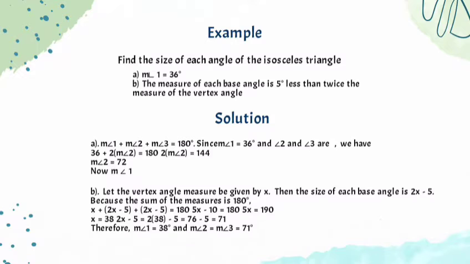Let the vertex angle measure be given by x. Then the size of each base angle is 2x minus 5, because the sum of the measures is 180 degrees.